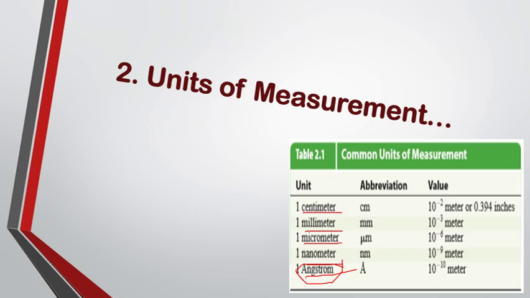And here we have the values of these units. The centimeter is 10 to the negative 2 power. Similarly, the millimeter is 10 to the negative 3 power, 10 to the negative 6 power is the micrometer, 10 to the negative 9 power is equal to the nanometer, and then 10 to the negative 10 power is equal to the angstrom.